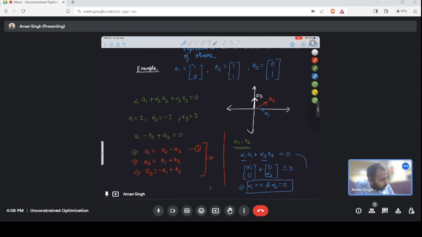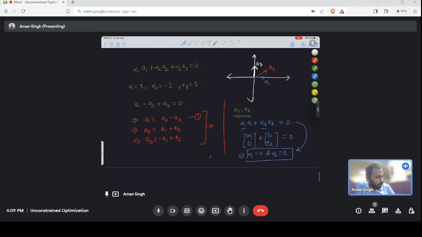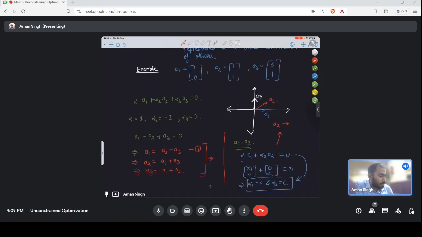So these are linearly independent, and it also turns out that A2 cannot be written in terms of A1 only. You can't write it.